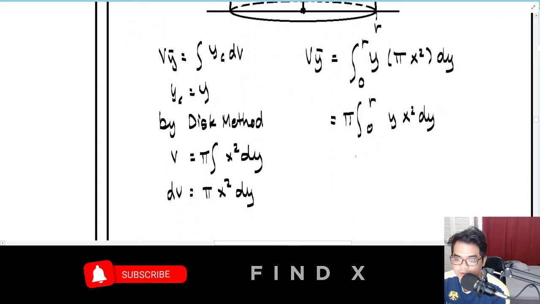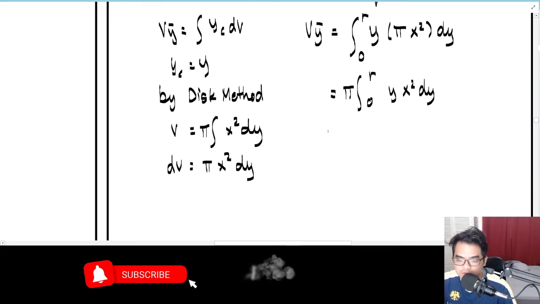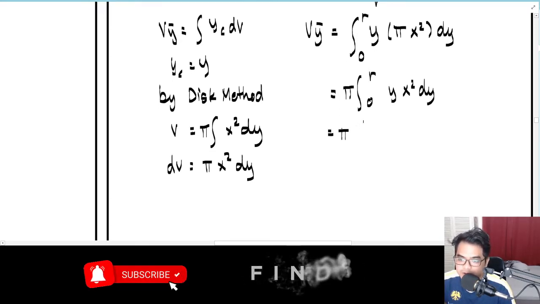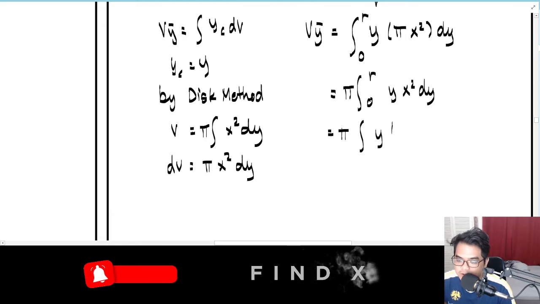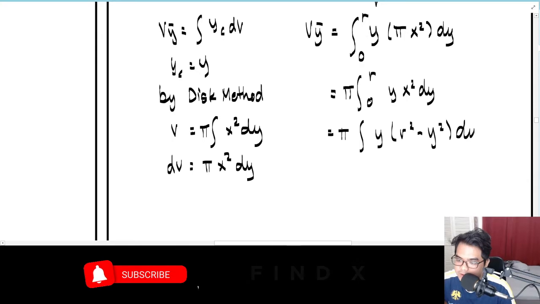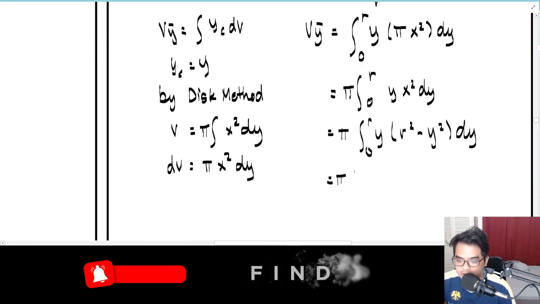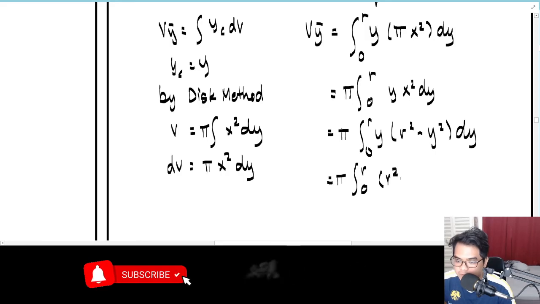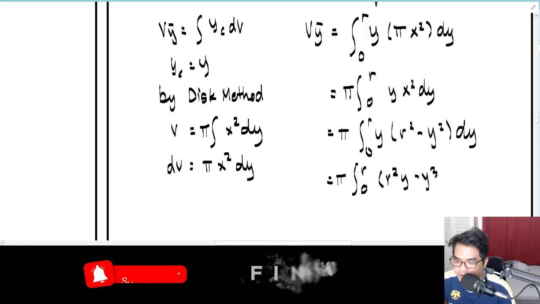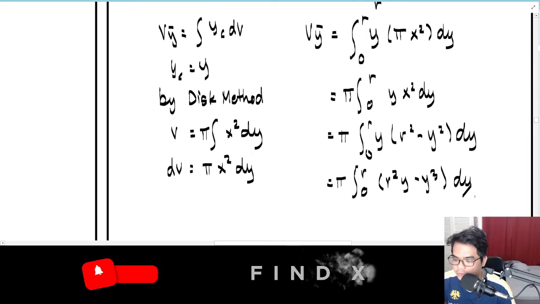So pi integral of y times r squared minus y squared dy from 0 to r. That becomes pi integral from 0 to r of r squared y minus y cube dy.